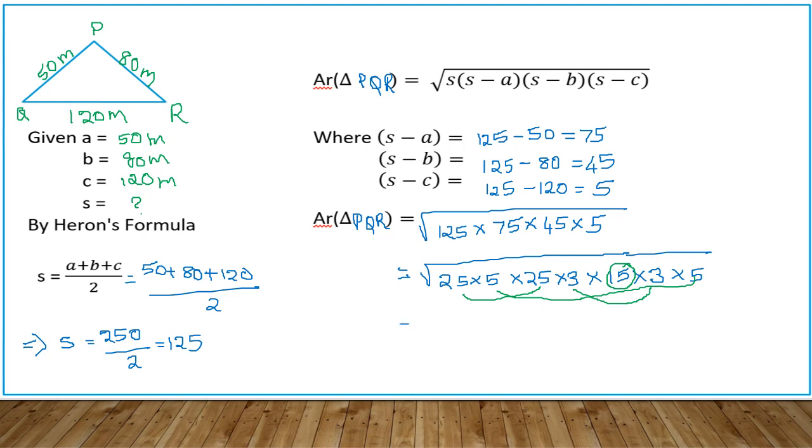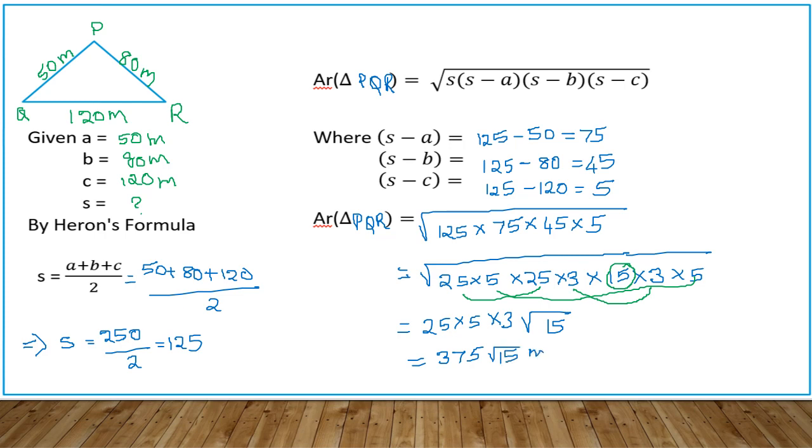This is equal to taking the values outside, 25 multiplied by 5 multiplied by 3 square root of 15. This is equal to 375 square root of 15.